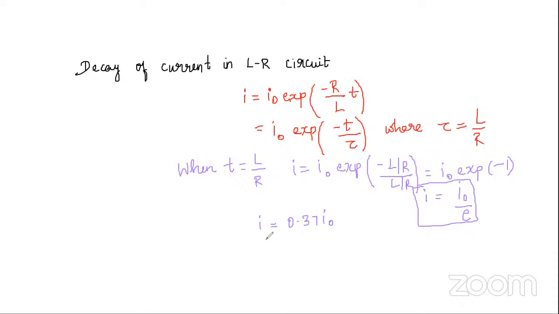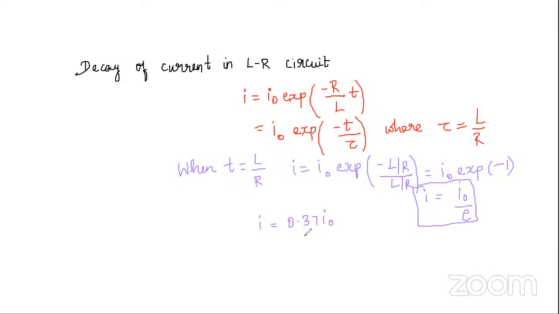That means at t equal to L by R, or tau, the current falls to 37% of the maximum value. This is the thing you need to keep in mind: when the current falls down to 37% of the maximum value, that is actually the time constant, or the inductive time constant.